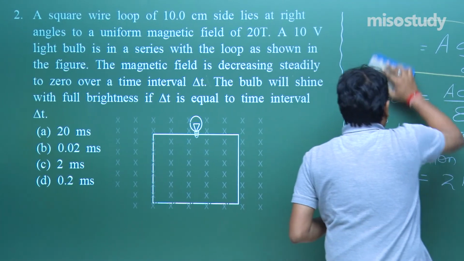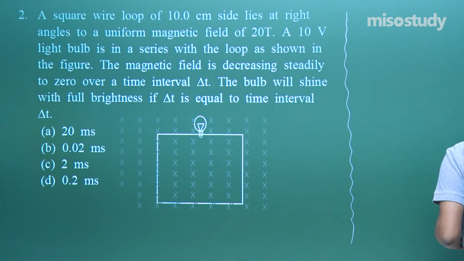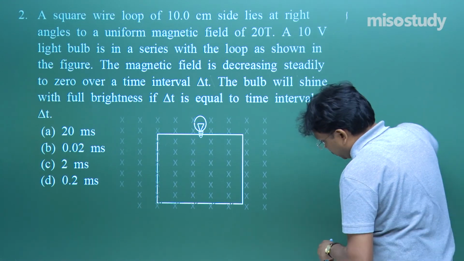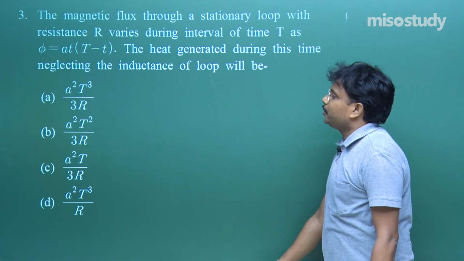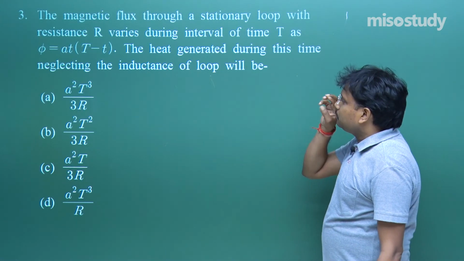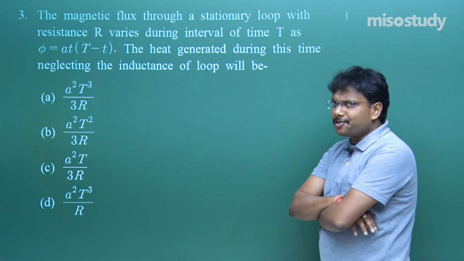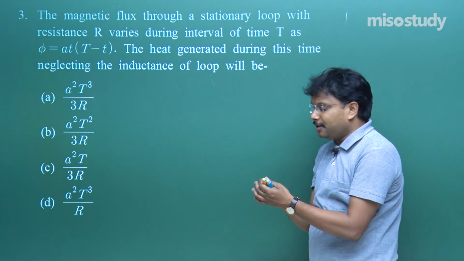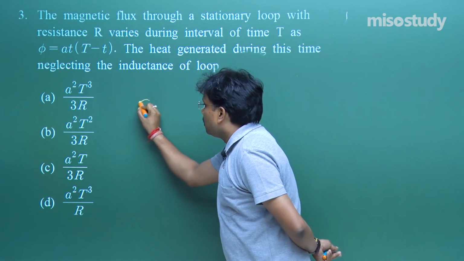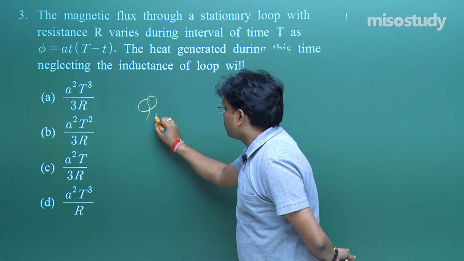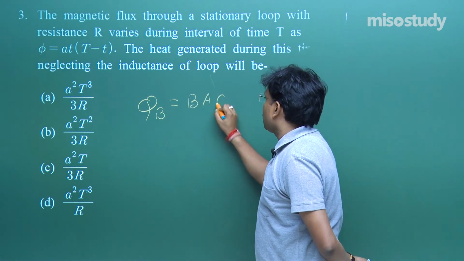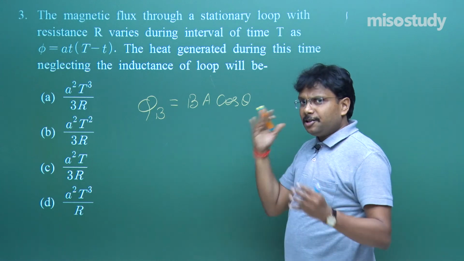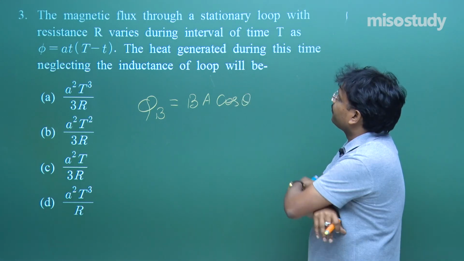Now let me clean this board and we will move ahead to the discussion of the next problem. So, here comes question number 3. The magnetic flux, magnetic moment, this sentence comes into your mind: phi B is equal to B A cos theta. This formula should come to your mind anyway.